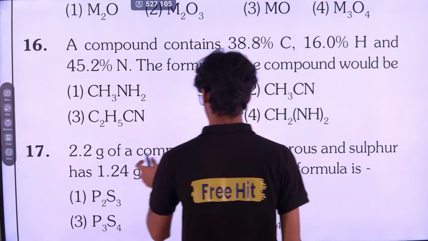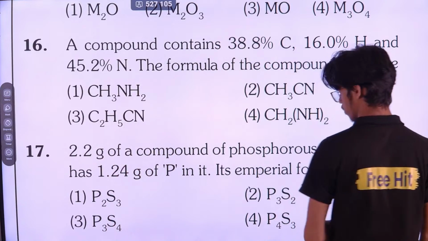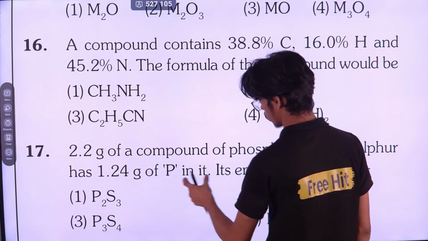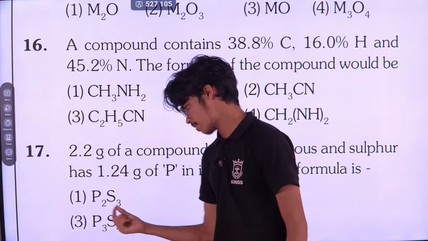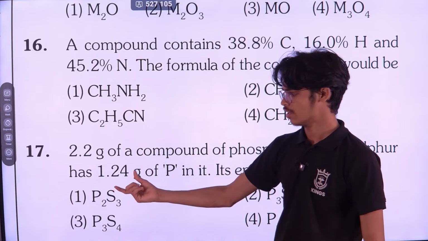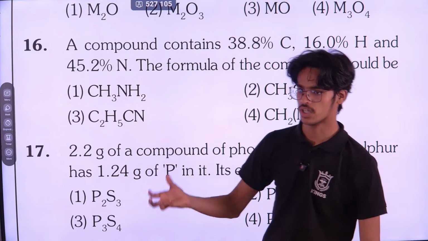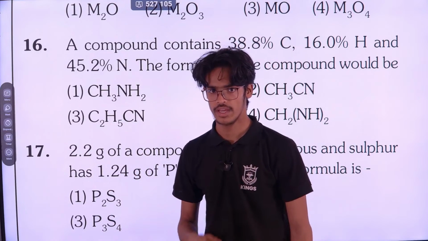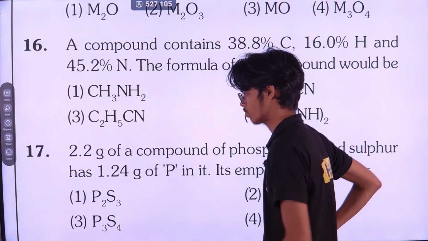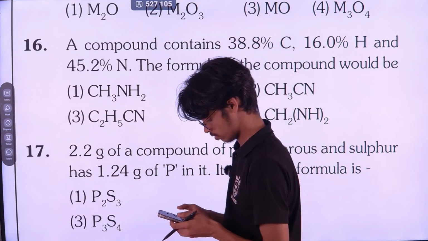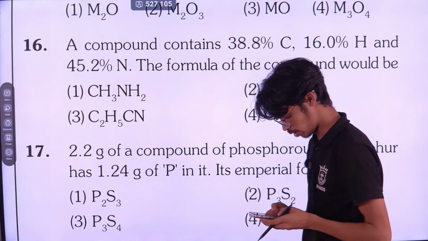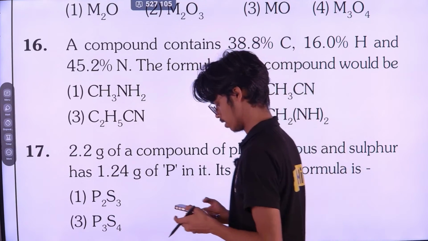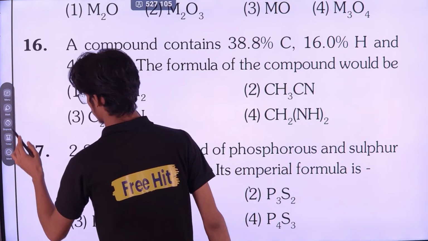So 2.2 gram is the mass of the compound, 1.24 gram is the mass of phosphorus, okay. So it means we can get the percentage of phosphorus in it, yes or no? So the percentage of phosphorus is how much? 1.24 divided by 2.2, that is 0.56.